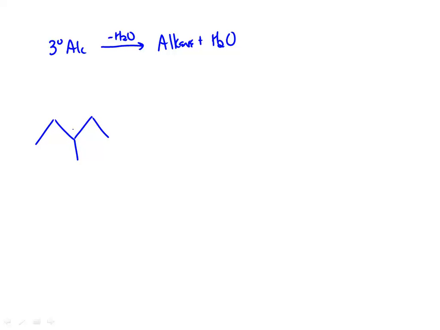And we can do the same thing for a tertiary. It's the same reaction. It's just that we have more carbons around. How many different products can I make from this, since it's very unsymmetrical?